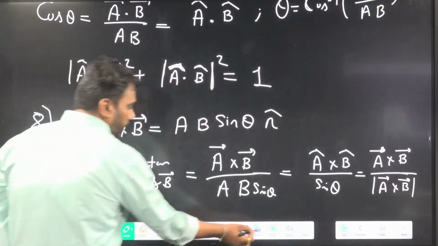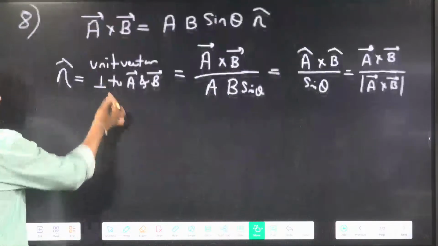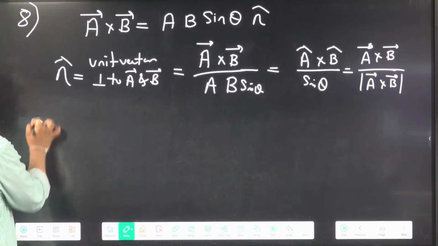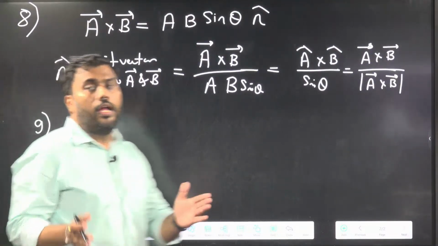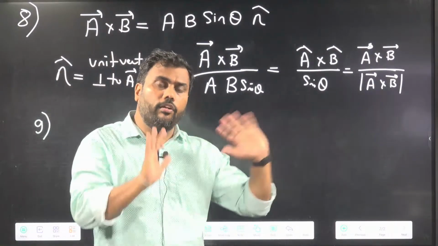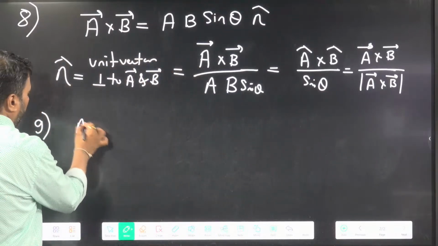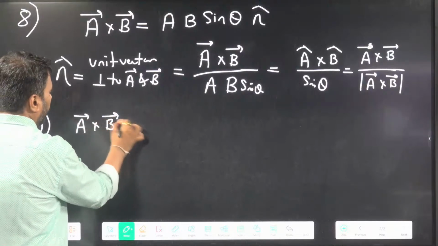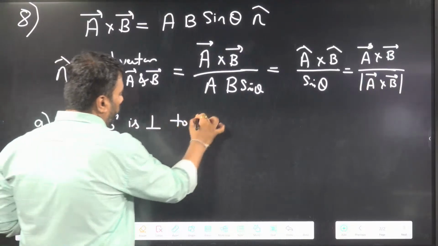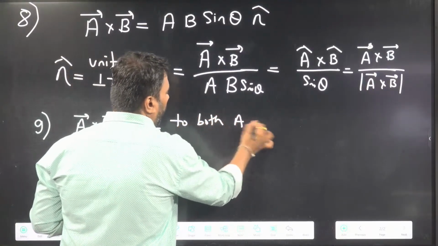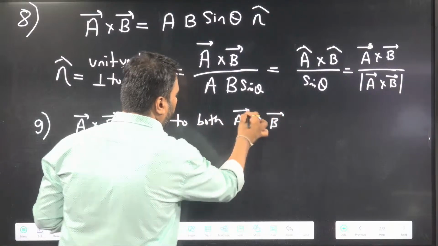Okay. The next point. See, A cross B is perpendicular to both A vector and B vector.